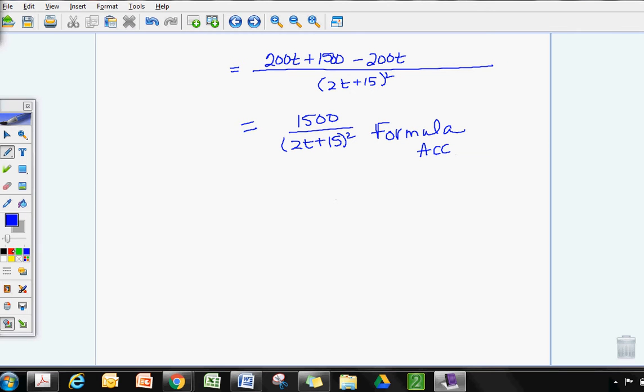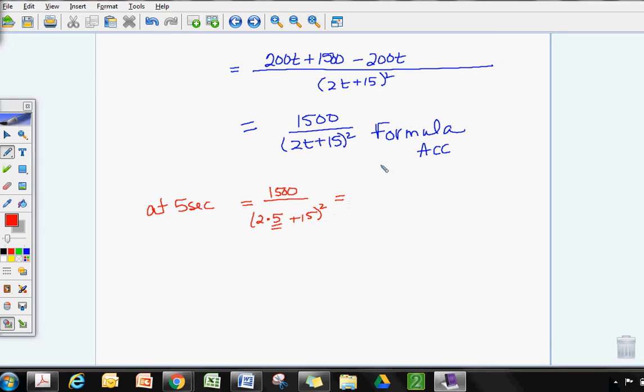Now, the question asked us to find the acceleration at 5 seconds. So if I'm going to find it at 5 seconds, I'm just going to plug in 1500 over 2 times 5 plus 15 and square it.